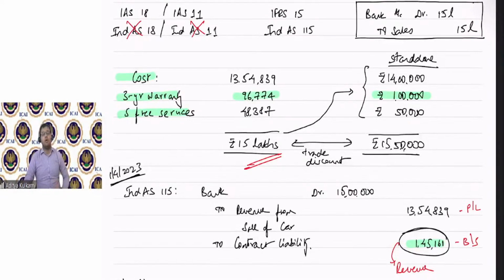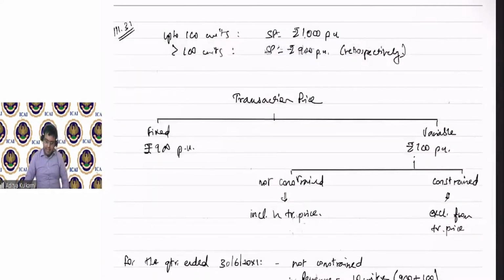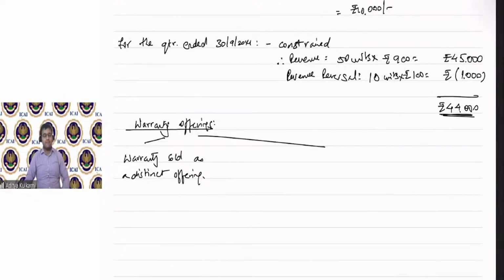And that is why I could say that we are looking to offer warranty as a distinct offering, and therefore warranty was recognized as a separate revenue stream.